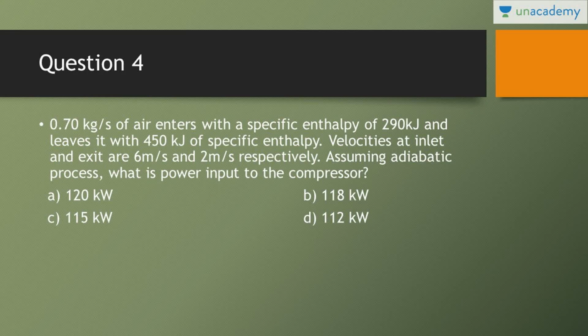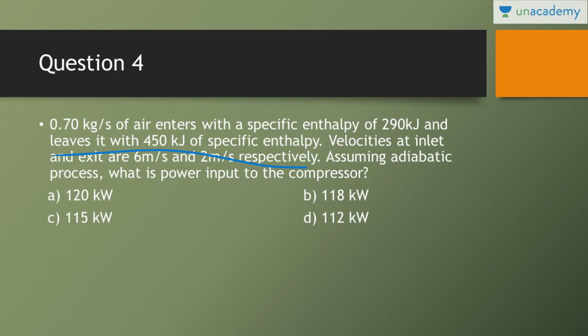Fourth question. Mass flow rate is given as 0.70 kg per second of air, which enters with a specific enthalpy of 290 kilojoule, that is h1 is equal to 290, and leaves with 450 kilojoule, h2 is equal to 450.